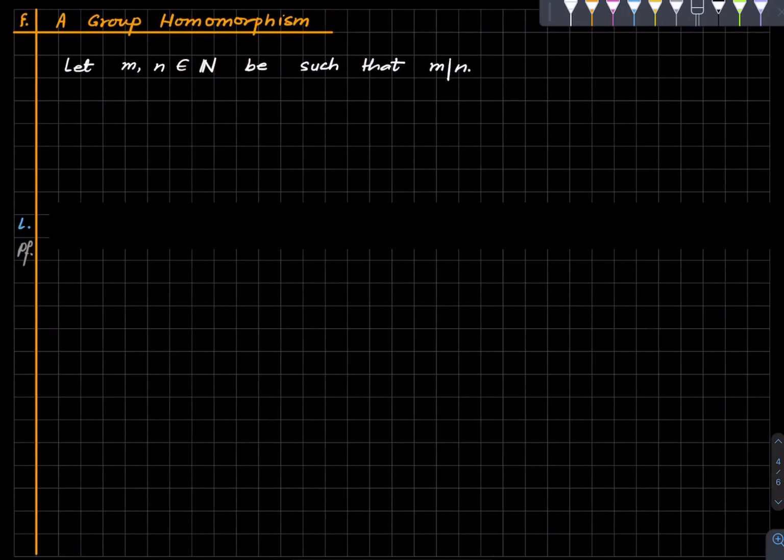So now there's a certain group homomorphism that we haven't discussed yet in this course that we will now discuss. Suppose we have two positive integers such that m divides n. Then we have the map from Z to this quotient group.